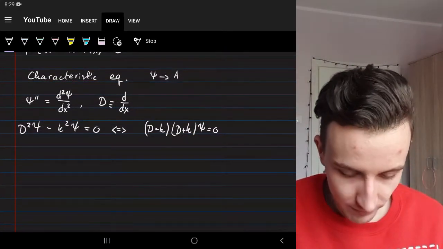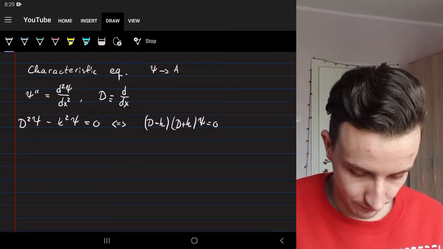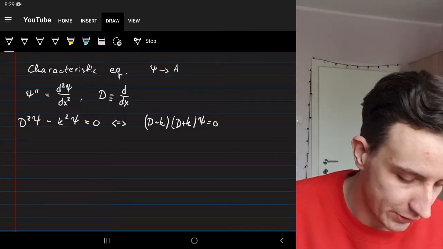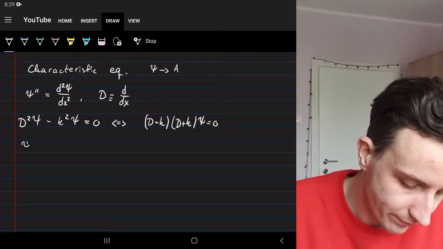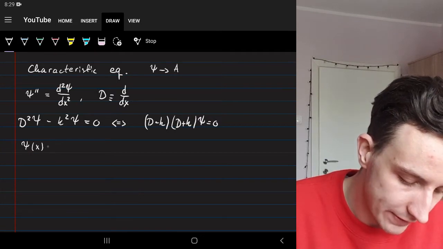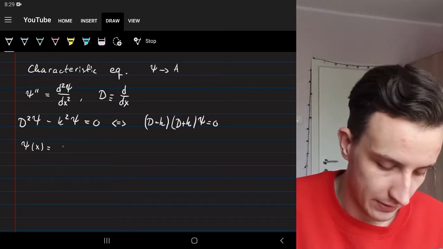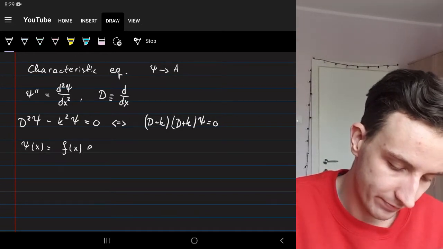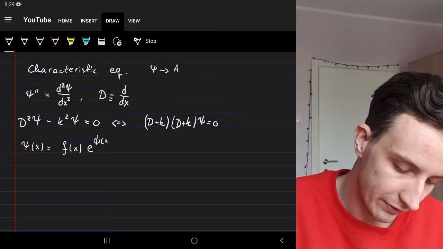Okay, now that we have that, we don't really see what to do now, do we? Well, let's see if we call this function psi a product of two functions, let's say f of x and e to the phi of x.